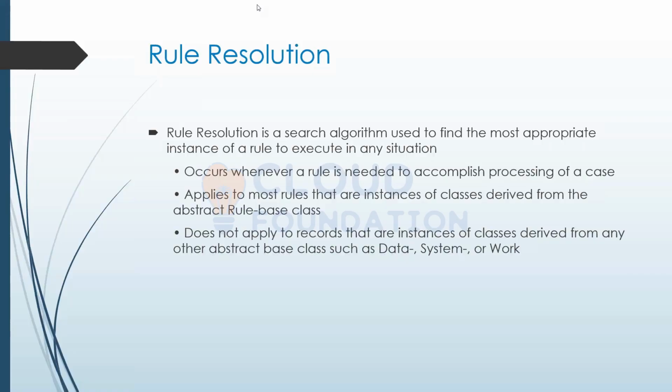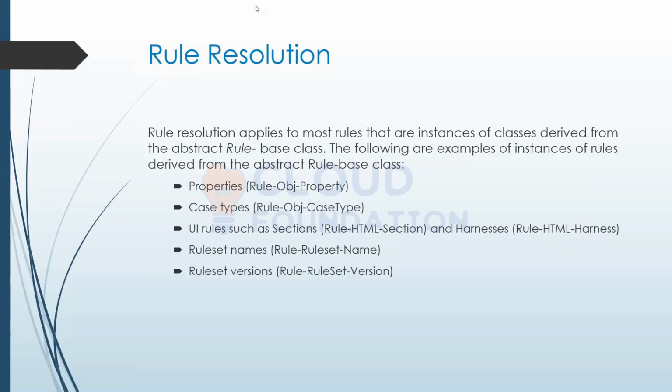This RR is exclusively for the rules of your application. It applies for all the rule instance classes. Any class that is extended from rule will be part of this algorithm. Be it your properties, HTML sections, your activities, data transforms, decision rules, declarative rules, everything that's extended from rule will come under the process of rule resolution.